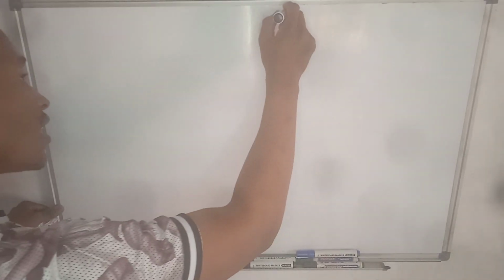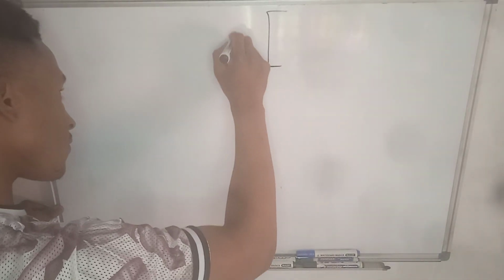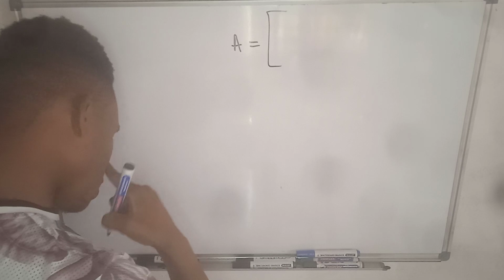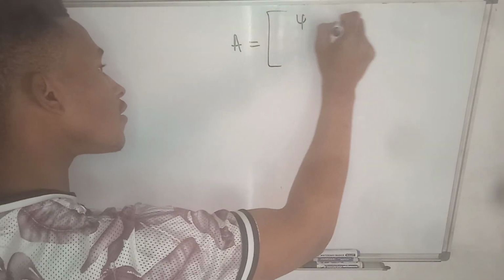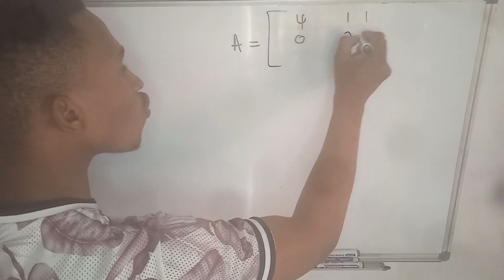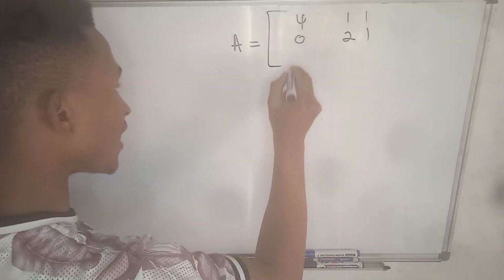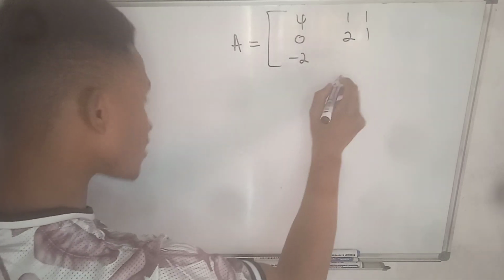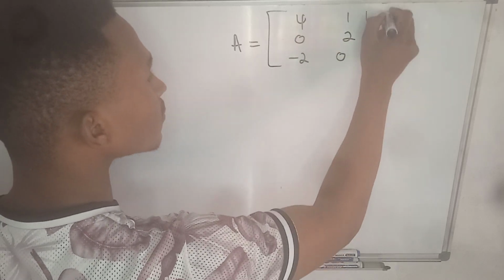Suppose we have a matrix A which is equal to 4 1 1, 0 2 1, minus 2 0 9.